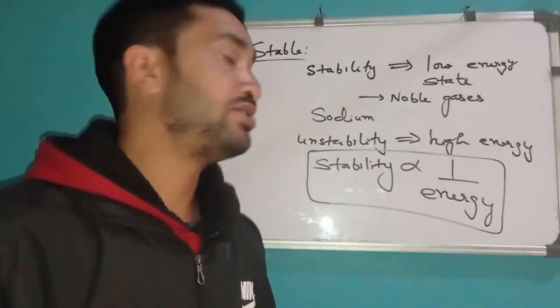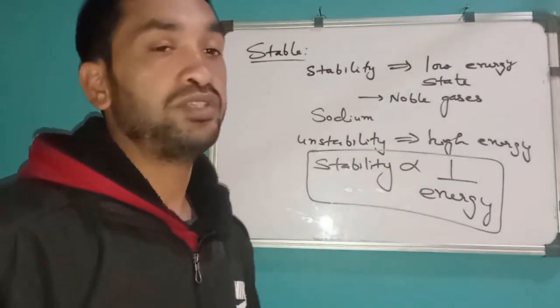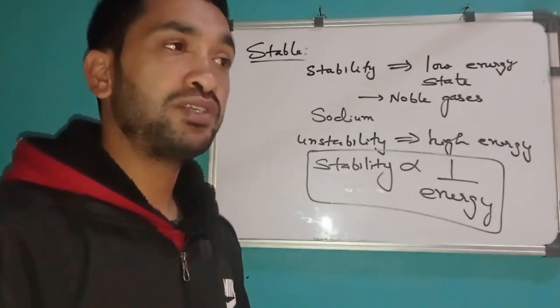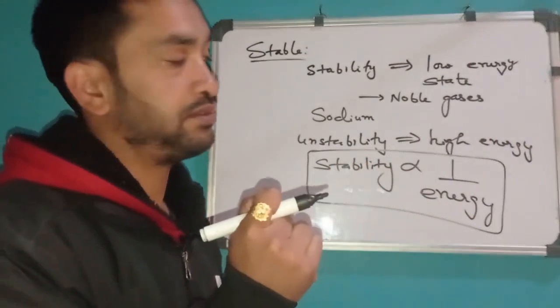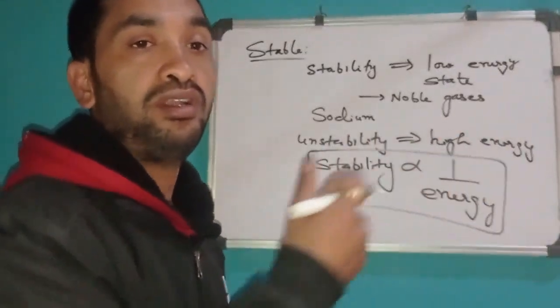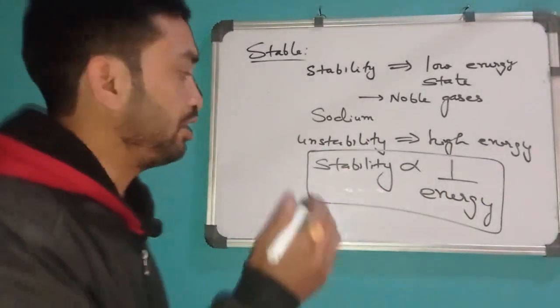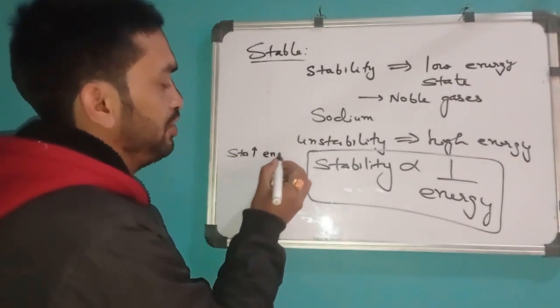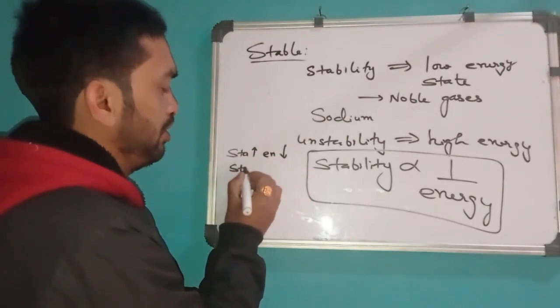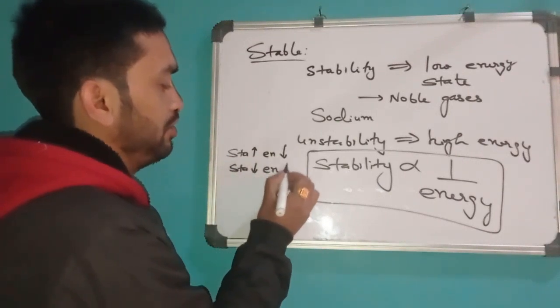Now many of the students, I think, don't know what is the meaning of inversely proportional. Inversely means if a quantity increases, the other quantity decreases. It means whenever stability increases, energy decreases. If stability decreases, energy increases.